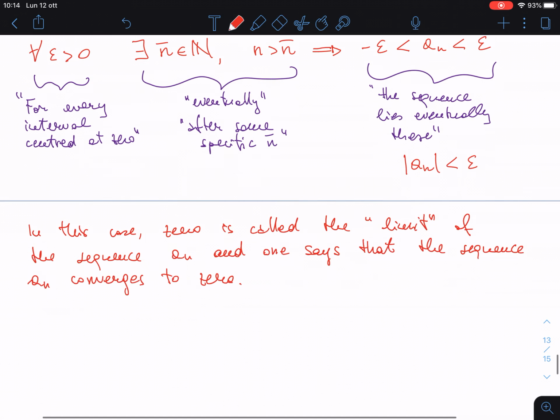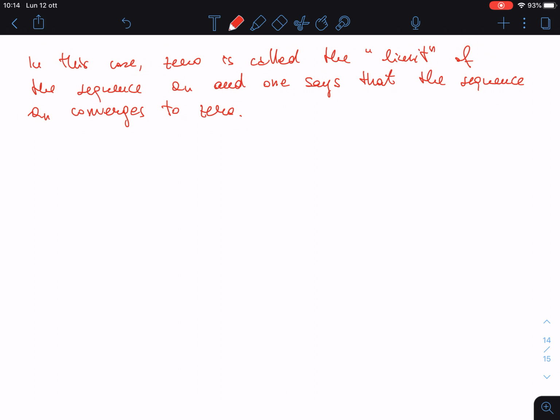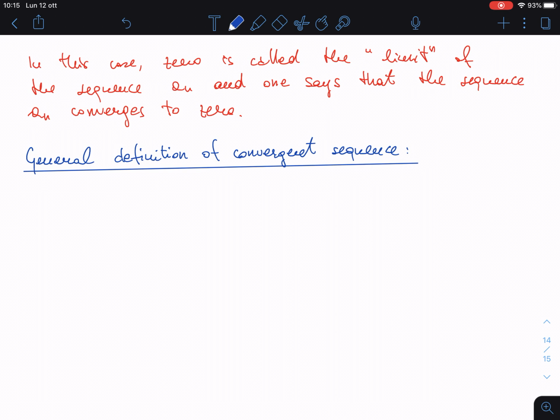So, here we have a more general definition of convergent sequence. I give you the definition and we will discuss.